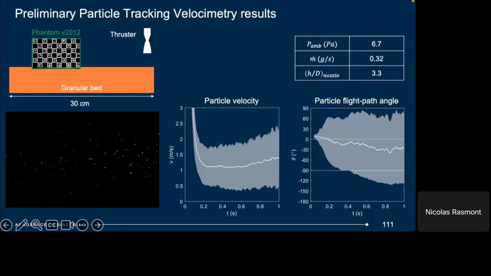What you can see in the video is that after an initial burst of fast particles, we follow with a more steady state velocity that evolves between 1.2 and 1.4 meters per second, and it does increase over time. As for the particle flight path angle, it decreases over time, which is coherent with the fact that the particles are emitted at an increasing ejection angle from the crater, and therefore have a steeper trajectory when they reach the Phantom field of view a few centimeters away from the ejection point. Next slide, please.